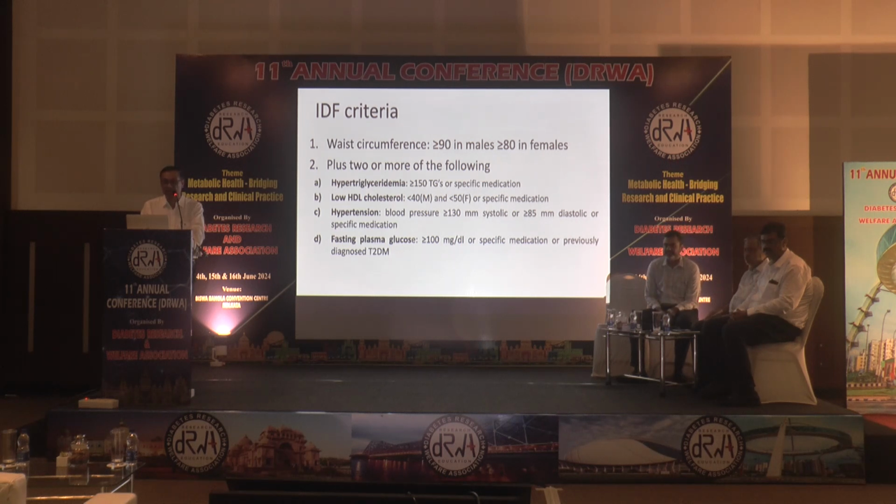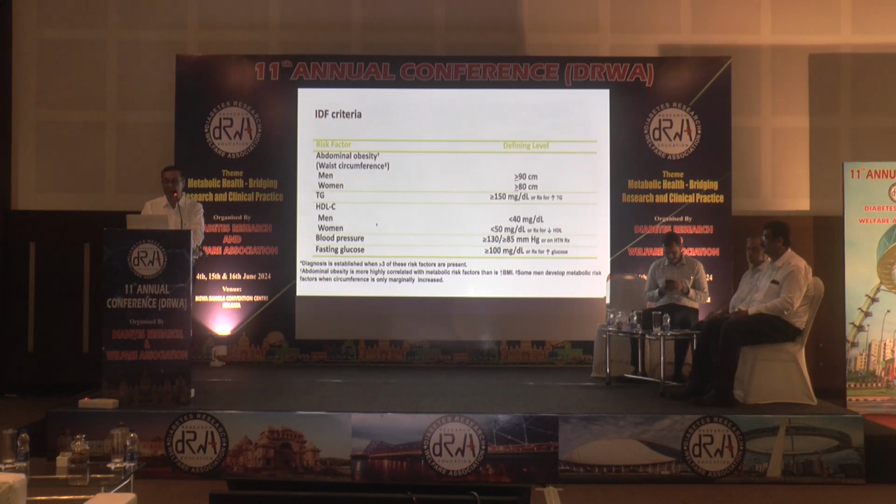For Southeast Asia, the waist circumference for males is more than 90 and for females more than 80, plus two or more of the following: hypertriglyceridemia, triglycerides more than 150, low HDL cholesterol, less than 40 for males and less than 50 for females, hypertension, blood pressure more than 130 millimeters systolic or 85 millimeters diastolic, and fasting plasma glucose more than 100, or on specific medications or previously diagnosed with type 2 diabetes. So this is how it has been defined.